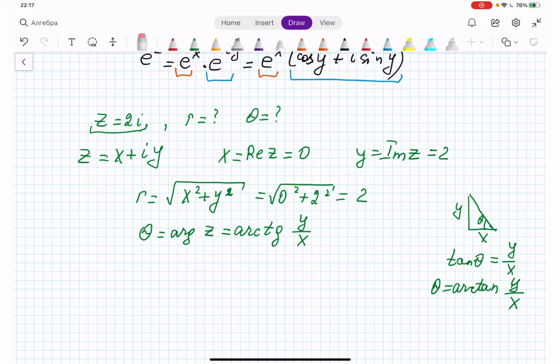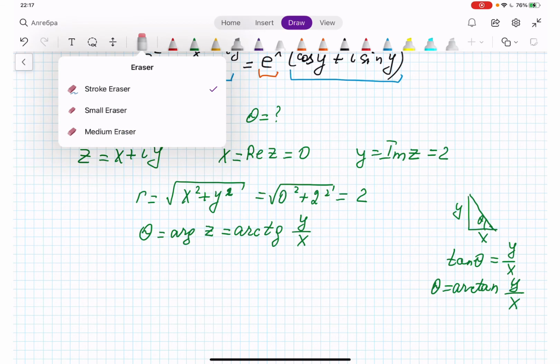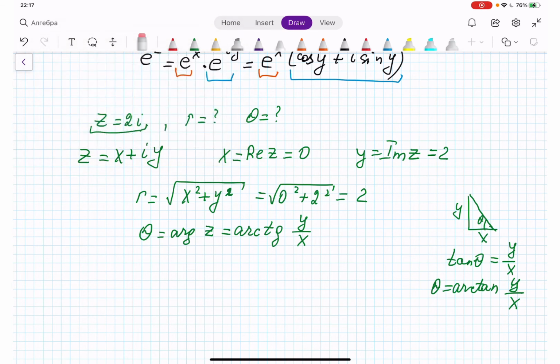All right, so theta is the argument of complex number z, and it's equal to arctangent y over x, which is equal, let me clean this, arctangent.